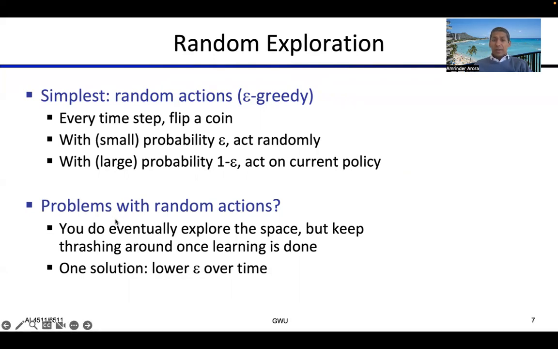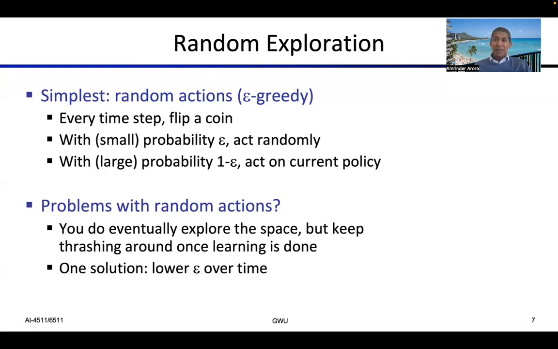One of the problems here is that initially we have to explore the space, but after we have already explored it quite a bit, a 5% probability of exploring random actions may seem to be too much. Initially, it may seem to be too little. Later on, it may be too much. So one solution is that you can lower epsilon over time.